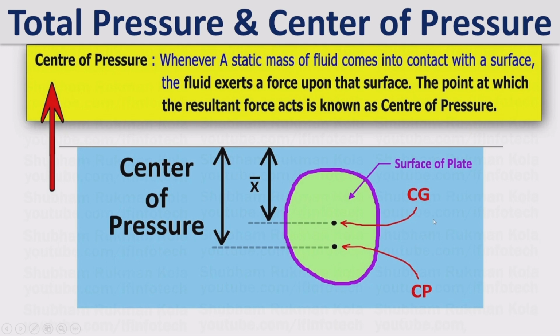By this, for the different surfaces we can find the total pressure, the resultant force acting on any particular surface, and the point of application of that total pressure, called the center of pressure.